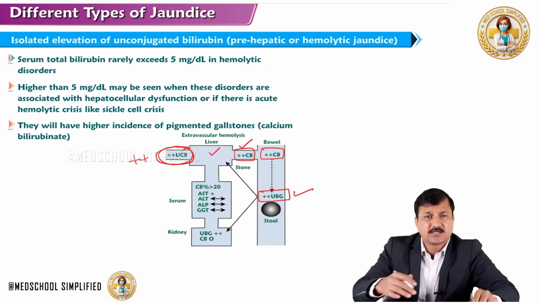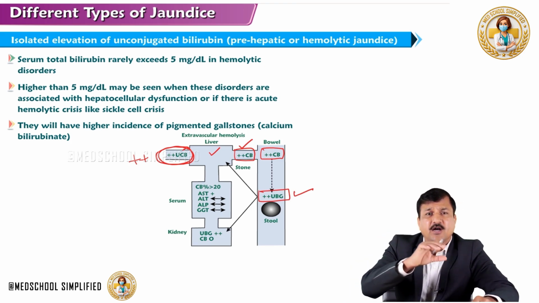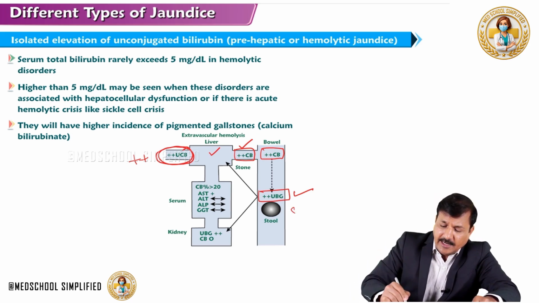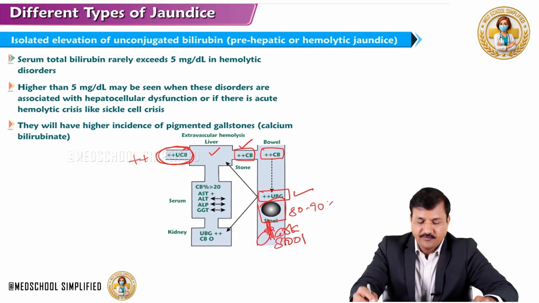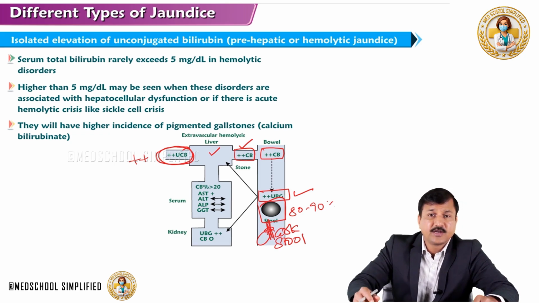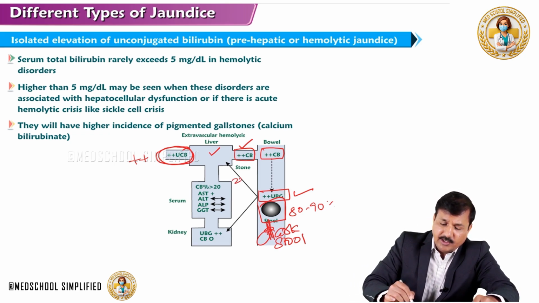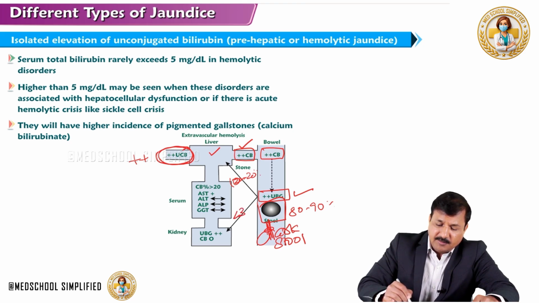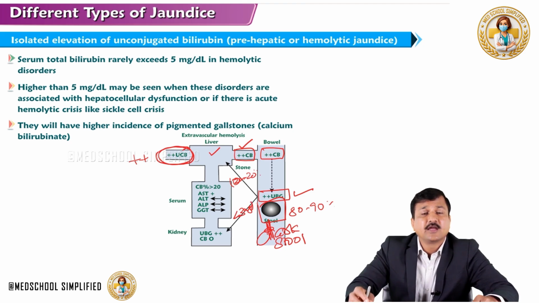Normal is 1+, because simply too much conjugated bilirubin is coming out of the liver, getting into the duodenum. So, 2+ UBG. Of that, 80 to 90% goes out in the feces, so the color of the stool is dark. Dark colored stool is one of the features of pre-hepatic jaundice, because more and more urobilinogen is found in the stool. 10 to 20% is reabsorbed into the enterohepatic circulation, and less than 3 mg per deciliter goes out into the urine.